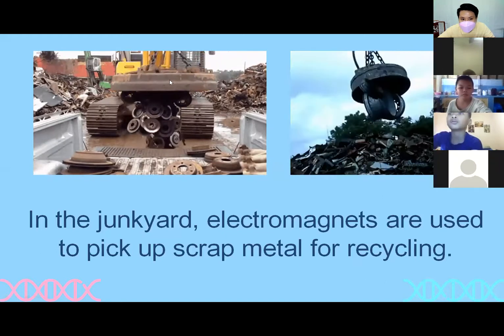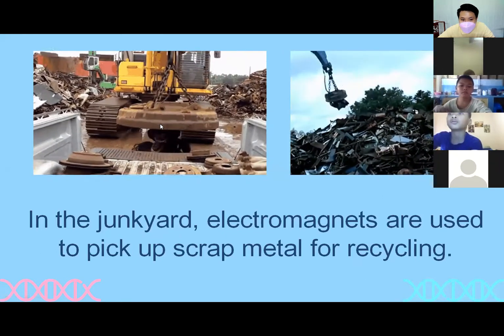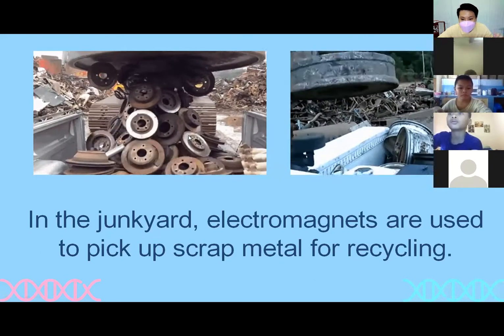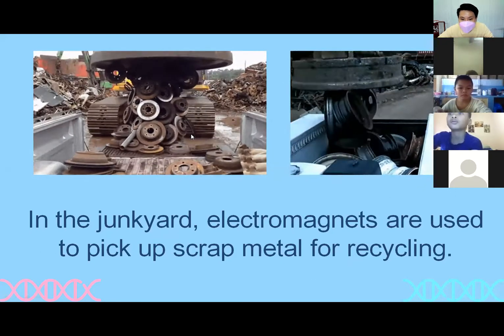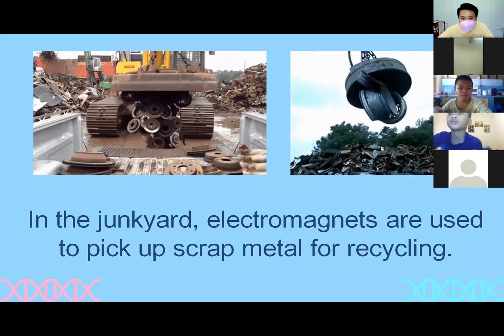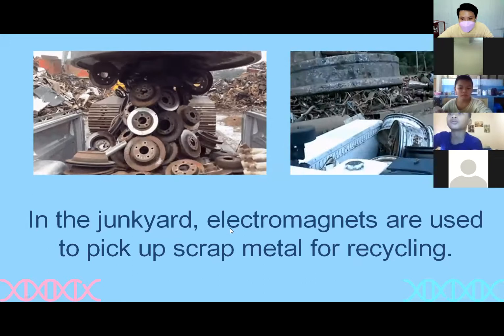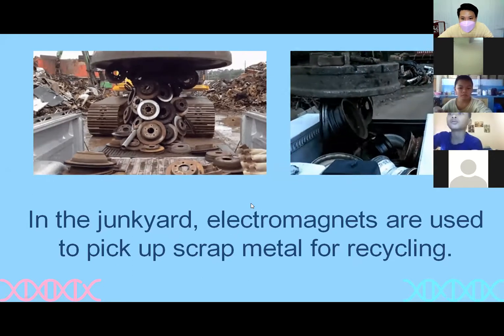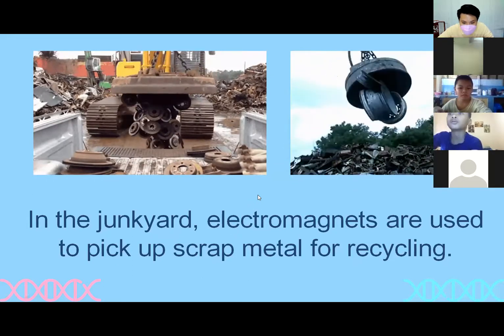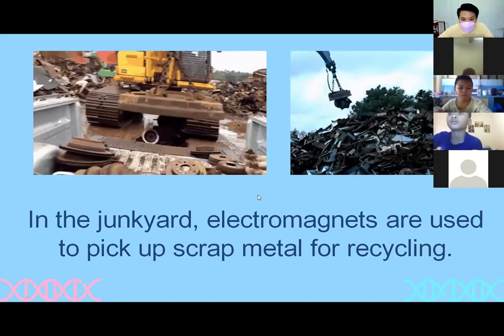This one is the electromagnet that can pick up and put down the metal materials or the metal scrap, to segregate or separate them from the other materials that are not metals.